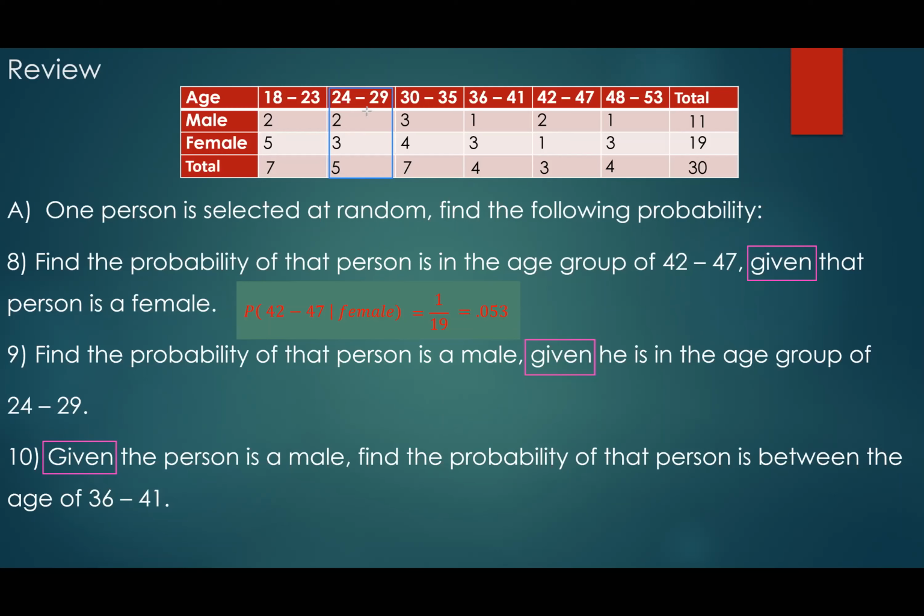How many people are in the age group of 24 to 29? In this case, I have 5 of them. Everybody agree that I have 5 in that age group. Now, out of that 5, I'm just focusing on that 5 because that is the condition I need to look at.